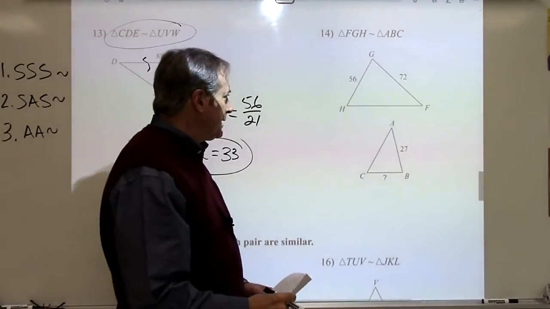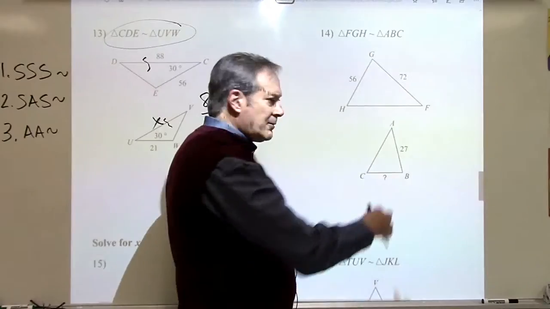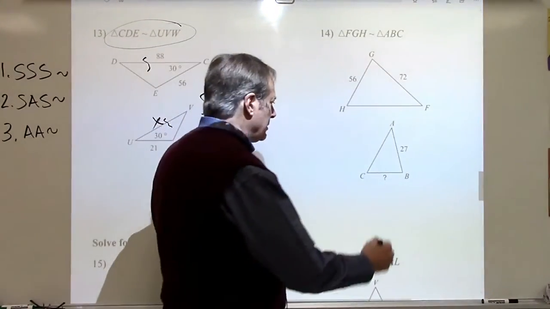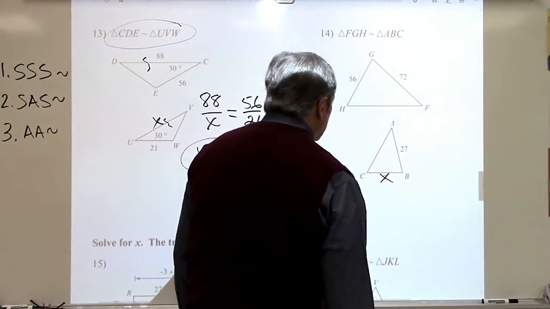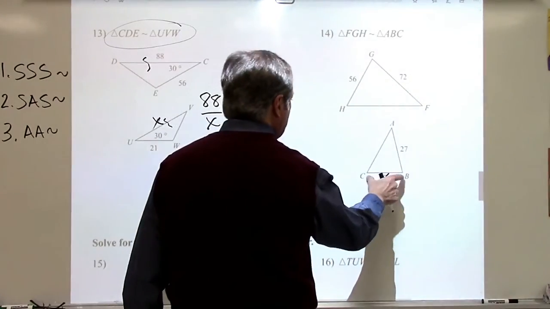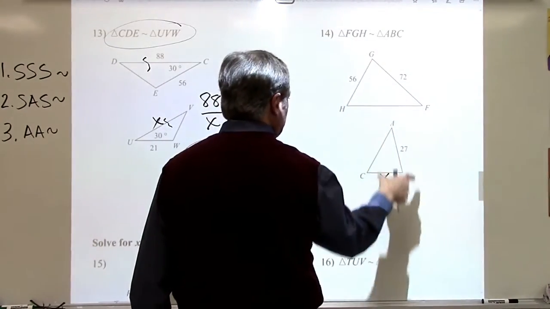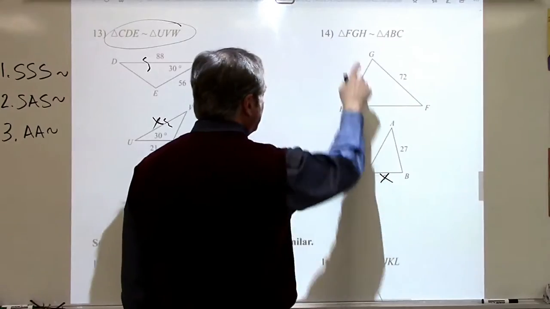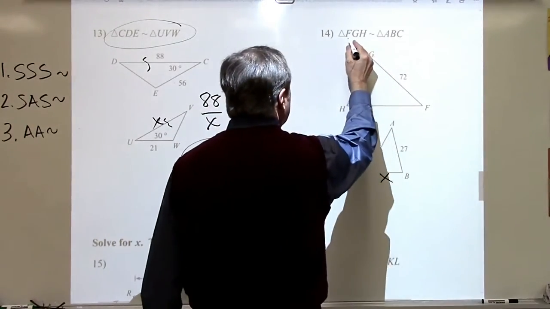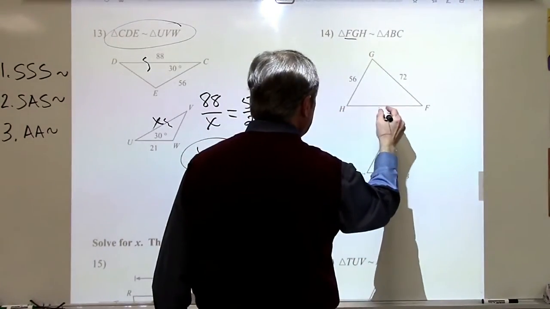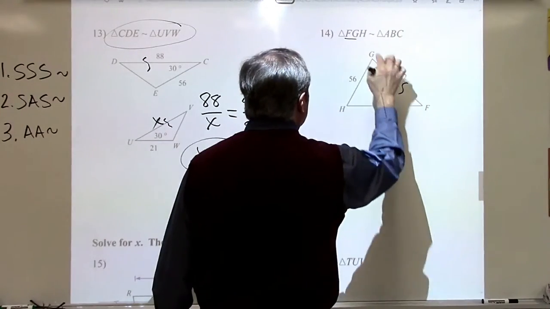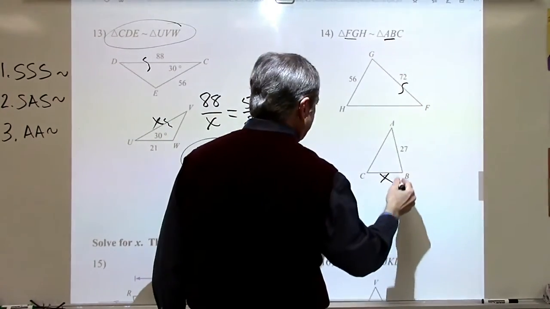All right, number 14, a similar kind of deal. We know already from the instructions that they are similar. I just need to know, does this side go with the 56 or does that side go with the 72? So again, I'll look at the similarity statement. It says that FG, where is FG? That's this one here. That goes with AB.